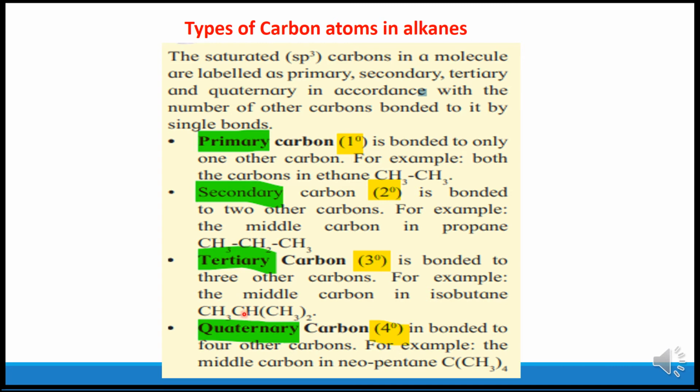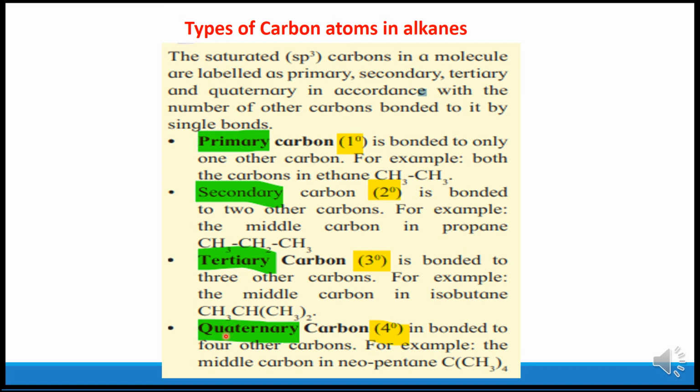So this carbon is bonded with this carbon atom, one hydrogen atom, and also bonded with these two methyl groups via the carbon atom of the methyl group. So because this middle carbon atom is bonded with 3 carbon atoms, this carbon atom is called a tertiary carbon atom.